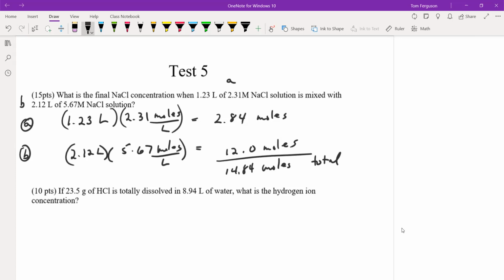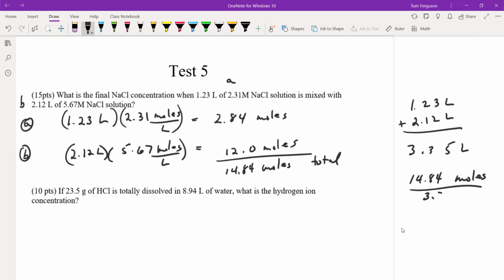The total volume is going to be 3.35 liters. So we have 14.84 moles and 3.35 liters.